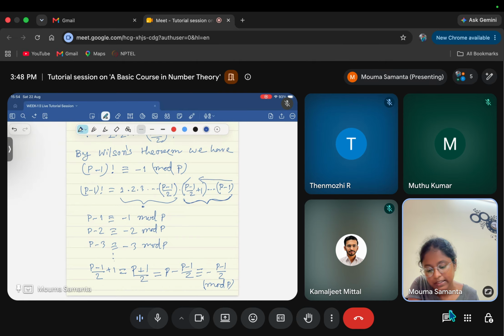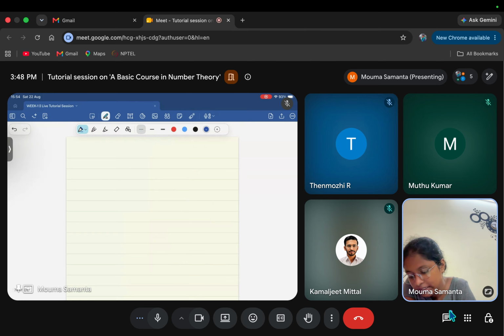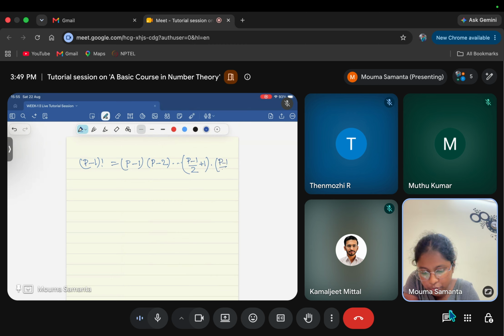So what we are exactly trying to see: just write (p minus 1) factorial in the reverse way, that is p minus 1, p minus 2, up to somewhere in the middle, (p minus 1)/2 plus 1, then into (p minus 1)/2, into dot dot up to 3 into 2 into 1, in this way, in the reverse direction we are writing.